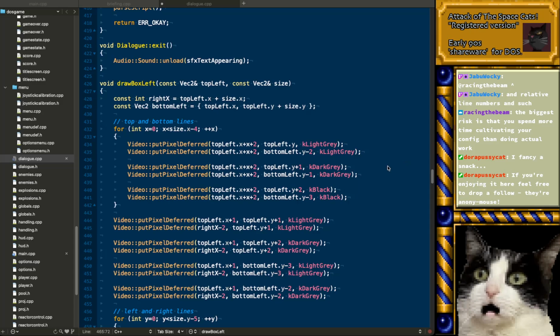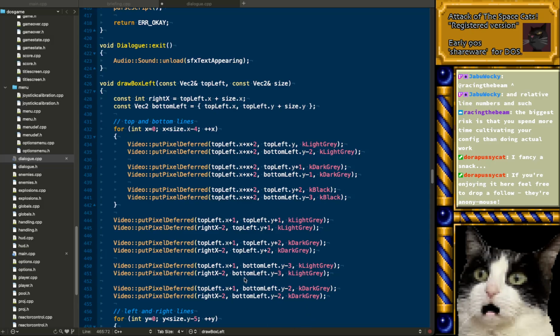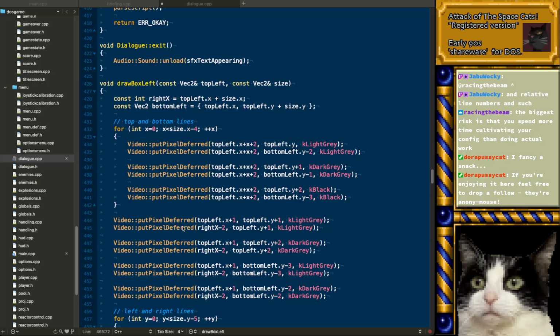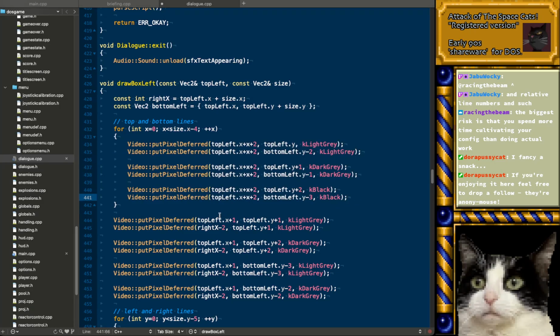Now, is that the left hand and the right hand edge? It must be. Oh no, those are individual pixels. Where even are those? Dark grey, light grey. Oh, we see. So that's not including the corners. Those are just the straight lines.